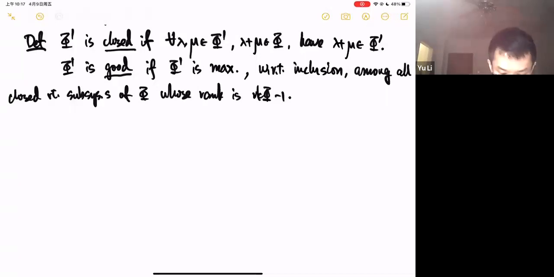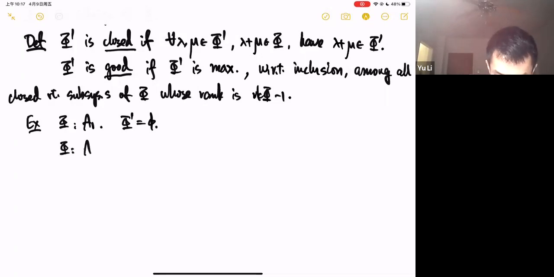Okay, so examples. If phi is of type A1, then any good root subsystem by definition is co-rank 1. So phi prime is of rank 0. So the only option is the empty root system.